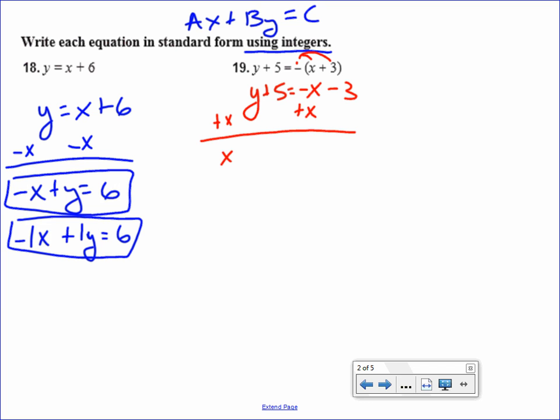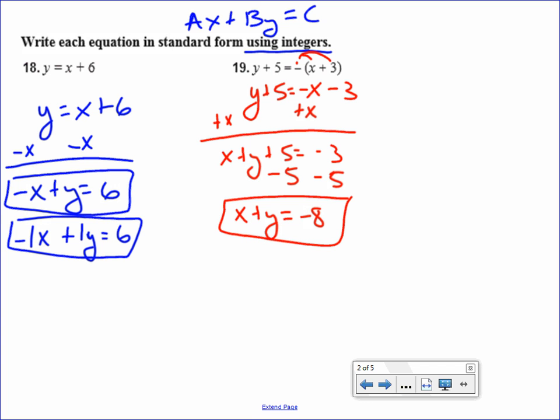So I'd have an x plus a y plus a 5 equals -3. And then I just have to minus the 5. And I have x plus a y equals a -8. So that would be that equation then in standard form. And again, they are integer coefficients because I have a 1x plus 1y equals -8.